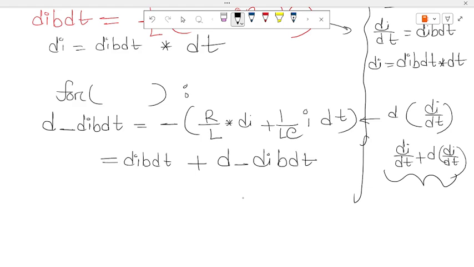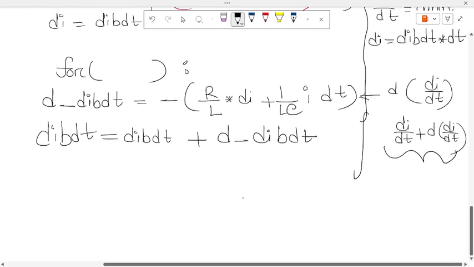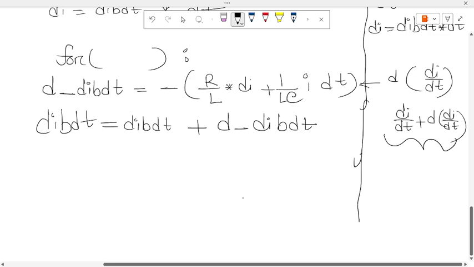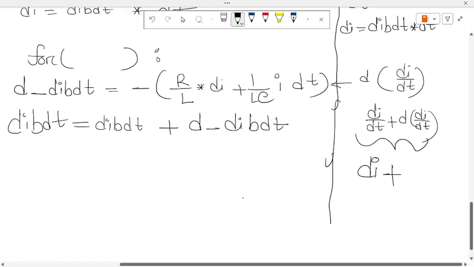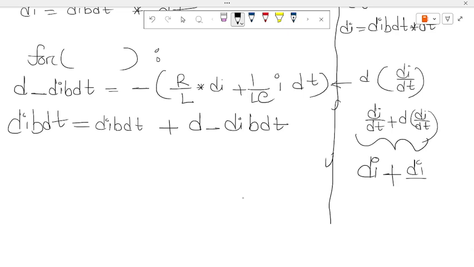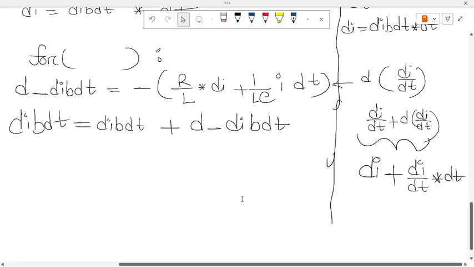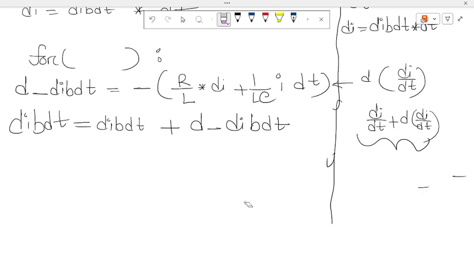Now initially we have di, right? And then the di will be changed, and that will be equal to di by dt into dt. No, I think I made a mistake here.